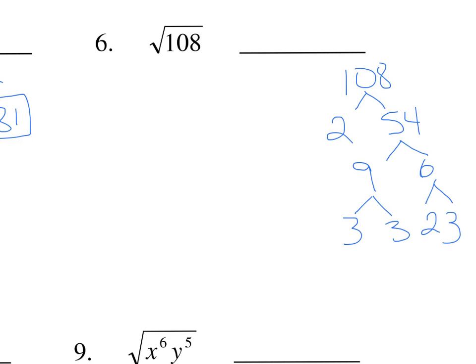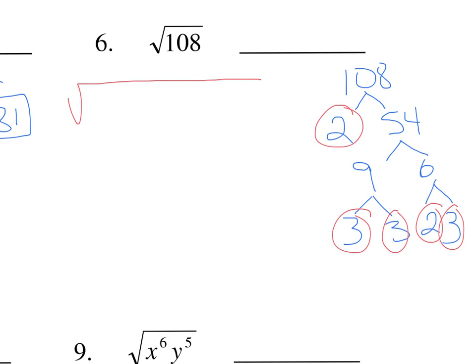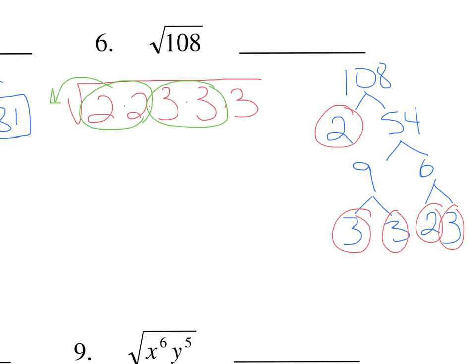So for prime factors, it looks like I have two 2s and three 3s. So this is the method that I use when I'm not sure what's a factor of 108 that's a perfect square. If I break it down to its prime factors, then I'm going to make pairs of matching factors. And for each pair of matching factors, I know that they can take a square root as 1.